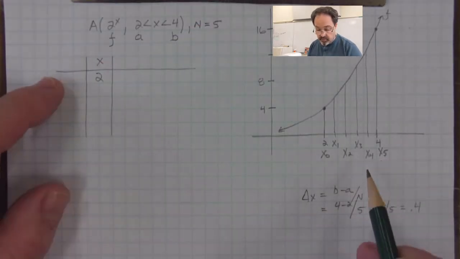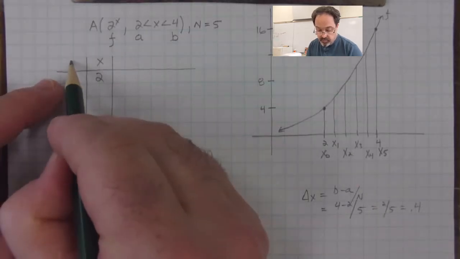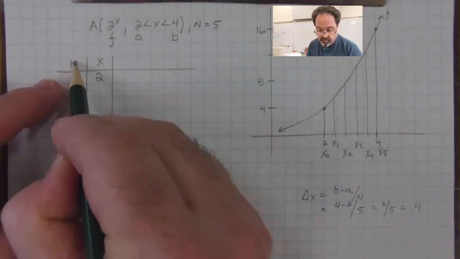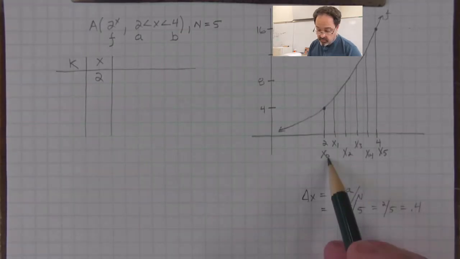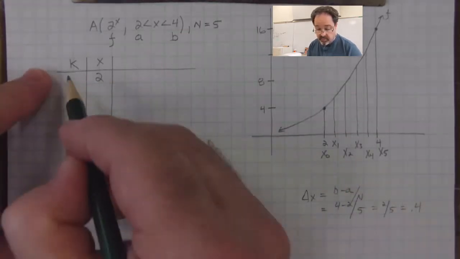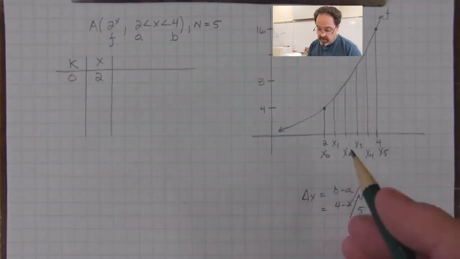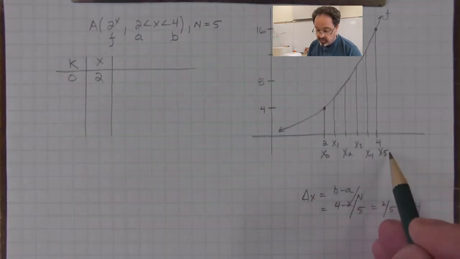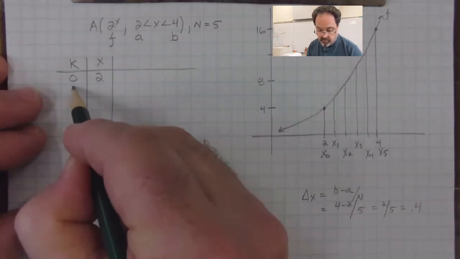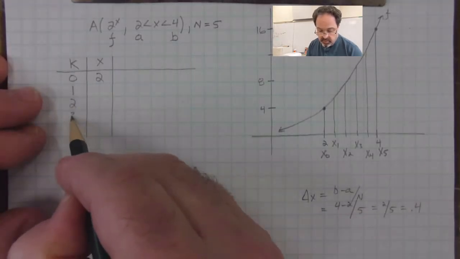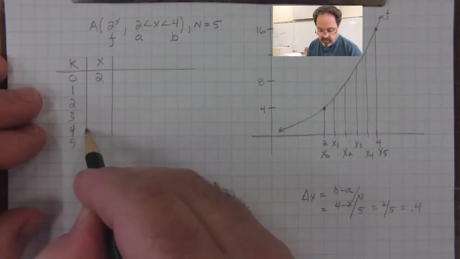In my table, I'm going to list those important locations as k values. The k value that I start with is 0. And I go up by integers until I get to the last, 5. So my k values in this problem start at 0 and go up to 5.